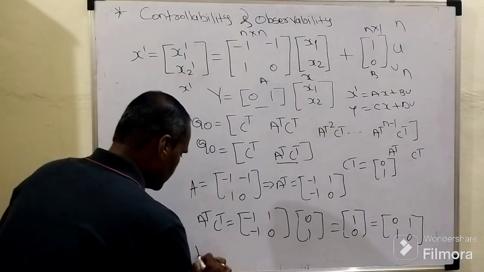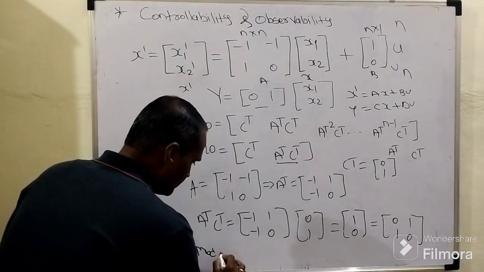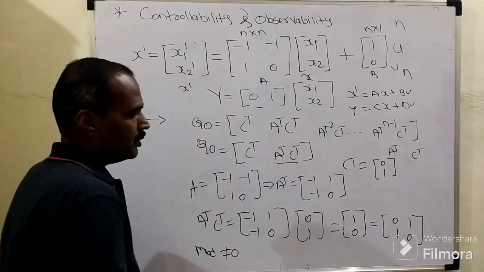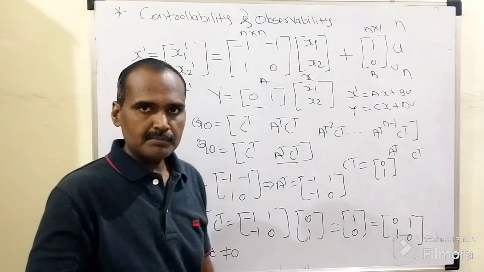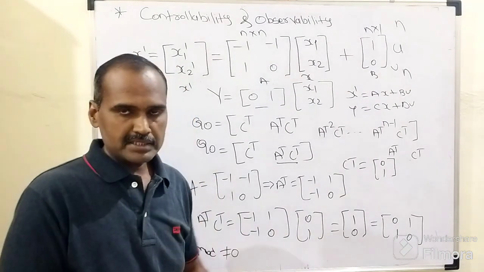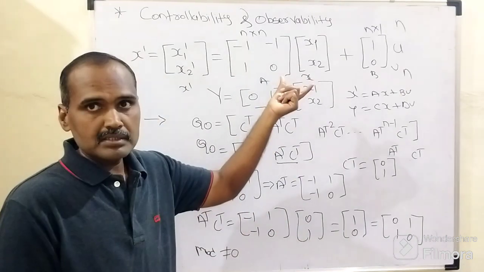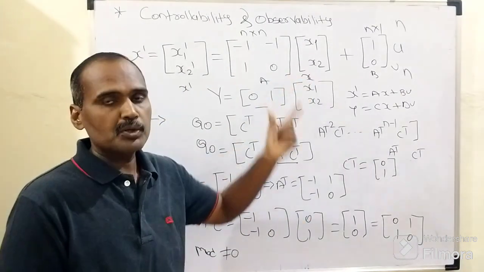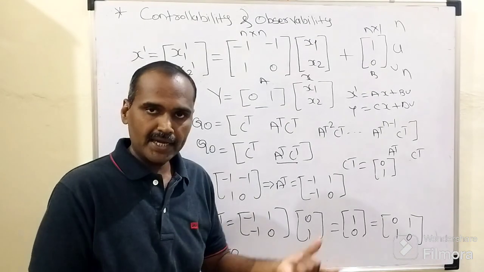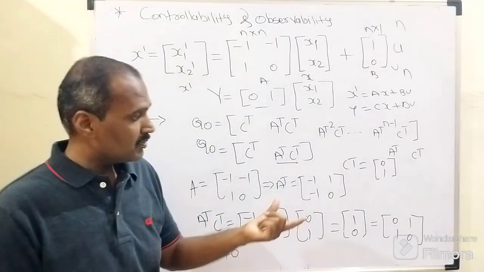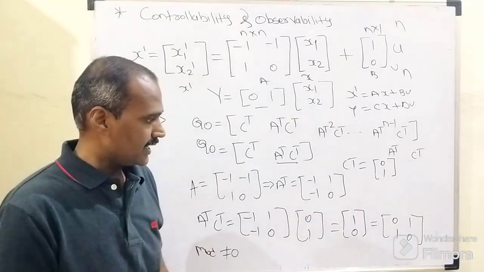If the modulus of this term is not equal to 0, then that system is called an observable system. It means we can determine the initial state of this given control system, which is denoted with the help of this state equation, by observing its output over a certain interval of time, right?